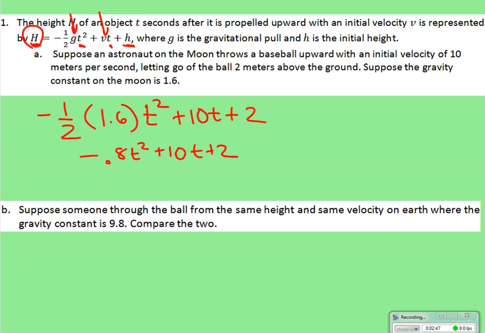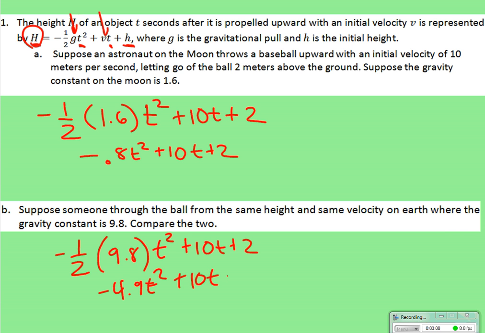So on the moon, the gravity is 1.6. On Earth, it is 9.8. That's why you're a lot lighter on the moon than you are on Earth. So when I do that, that's going to be negative 4.9 t squared plus 10t plus 2.